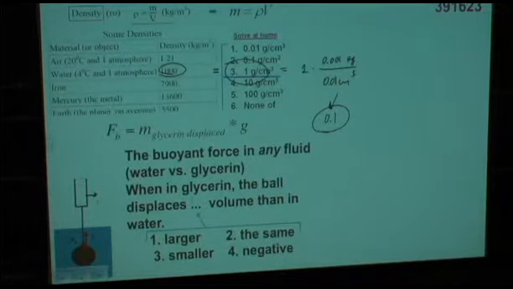This is what 1 gram is. This is what 1 centimeter cubed is. What's wrong? Do I? Are you sure?